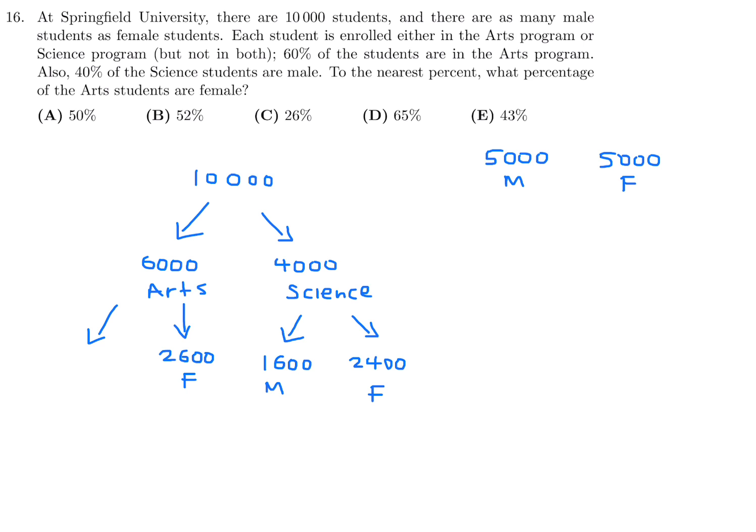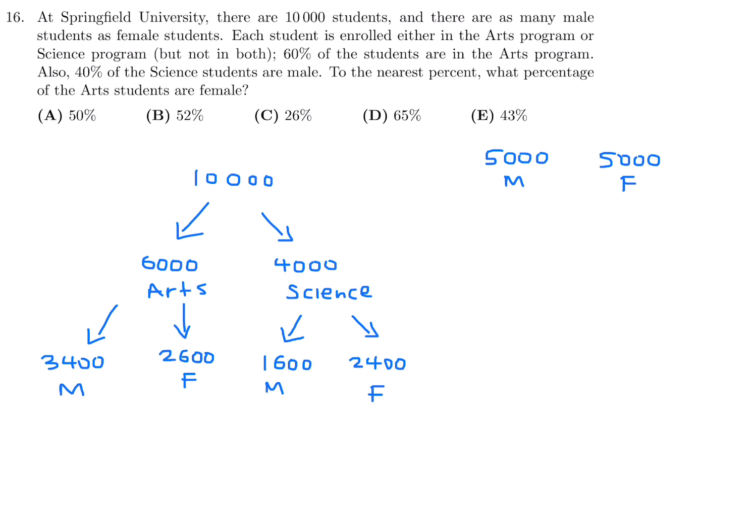And very similarly, since 1,600 are here in the science program, the other male students must be in the arts program, and that would be 3,400, like that. So this is basically the full table of calculations of all the male, female, science, arts. So what do they want?